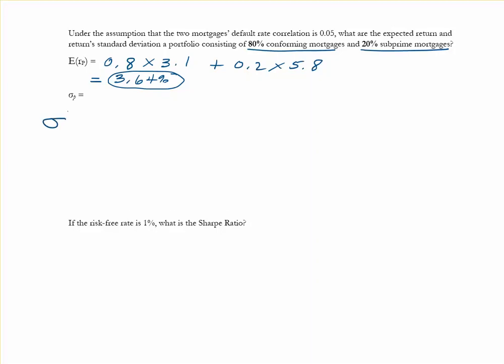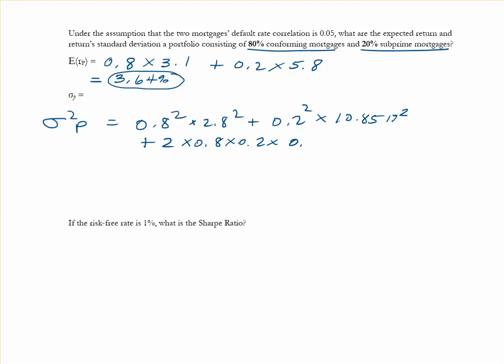Let's first do the variance. So this one has all the many terms. So weight squared times variance, plus weight squared times variance, and we're going to use a correlation coefficient of 0.05 multiplied by the standard deviations, and that will give us 10.2142.